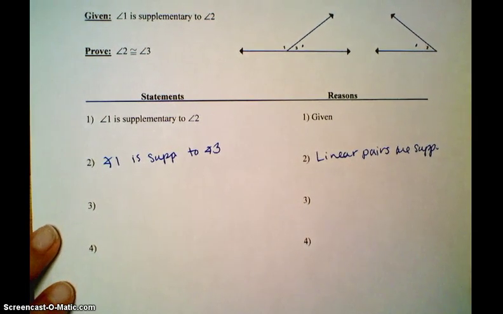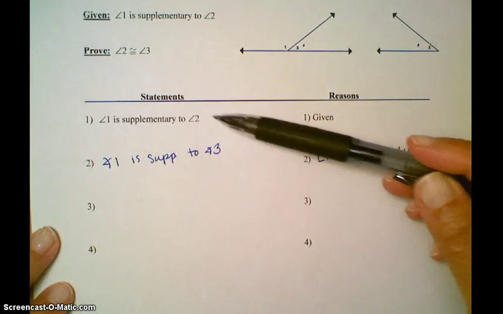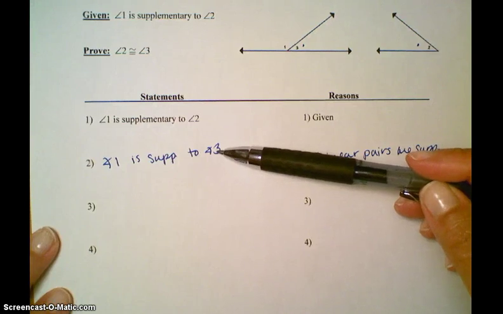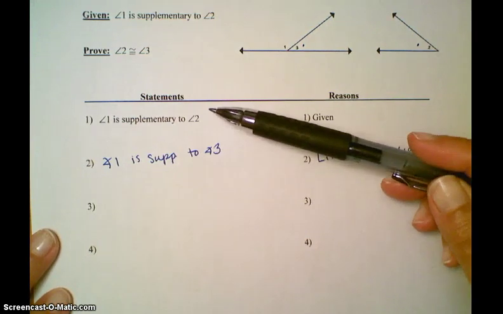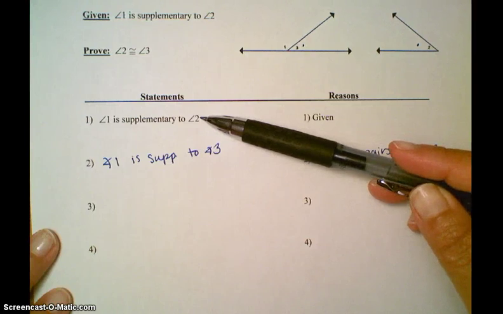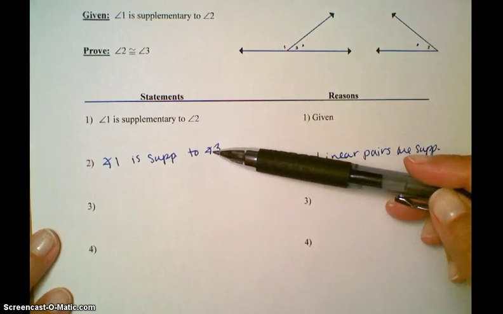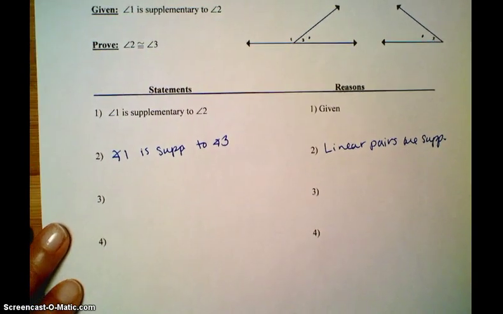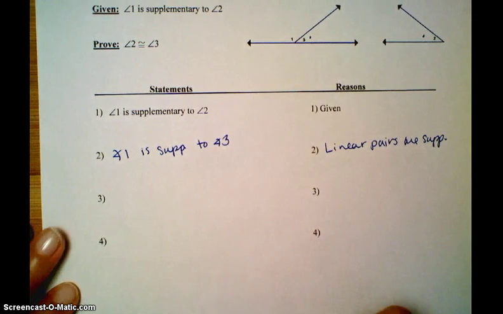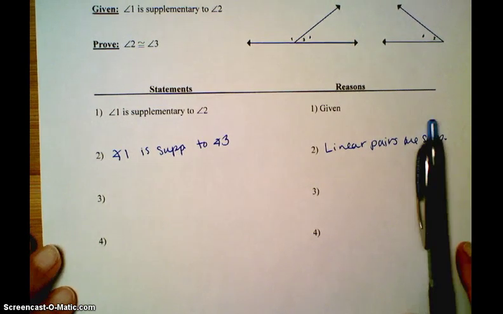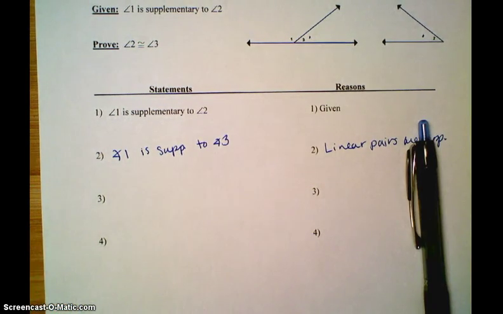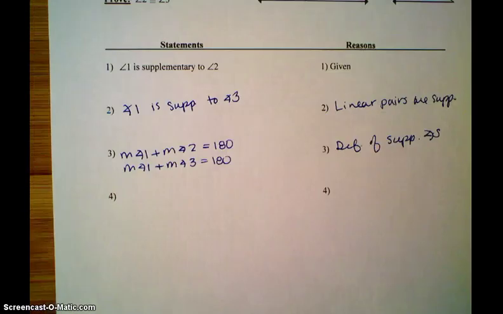Okay, well, I have these lovely sentences, but it's usually more helpful to have equations. So, angle 1 is supplementary to angle 2, and angle 1 is supplementary to angle 3. Well, when things are supplementary, I know they add up to be 180 degrees. So, maybe stop the video and see if you know what to write next.